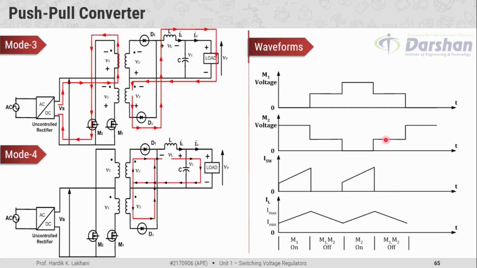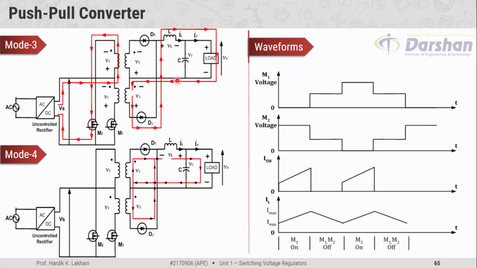The voltage across the M2 switch and M1, when both are off, is the same as the supply voltage. So these are the four modes of the push-pull converter.